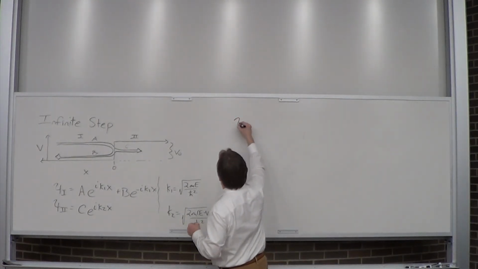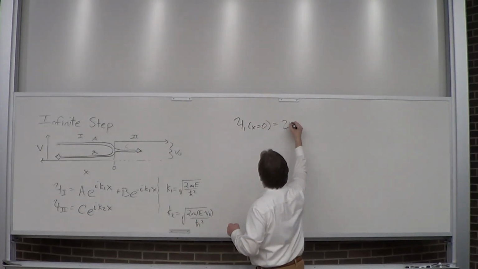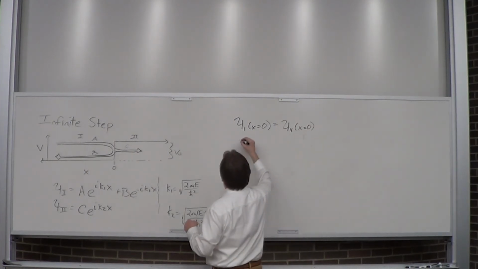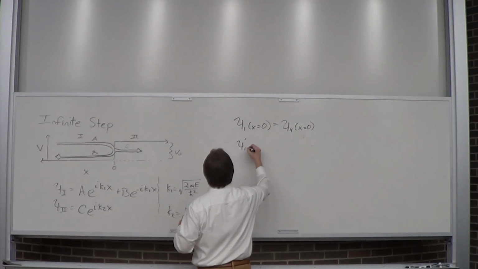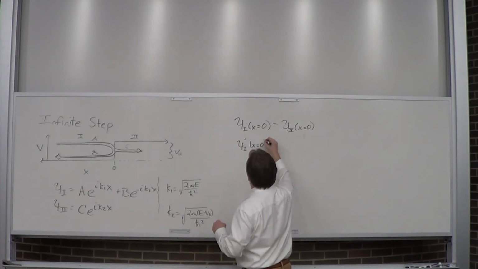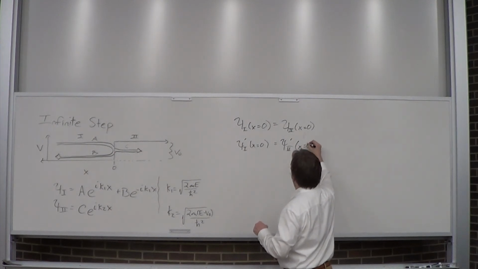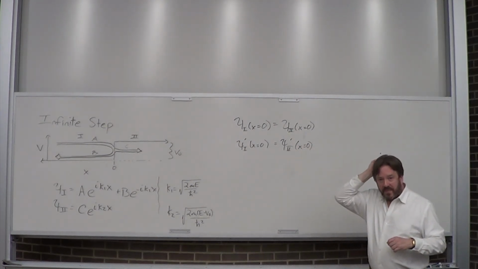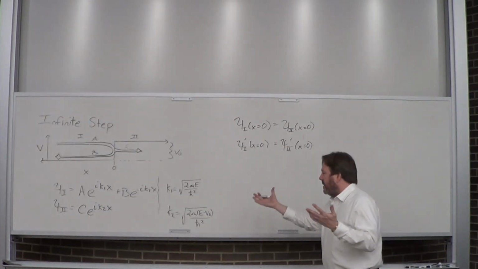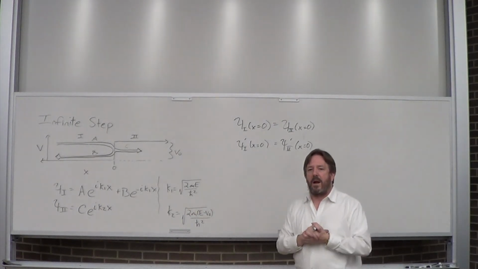We're going to have the wave function in region 1 equal to the wave function in region 2 at x equals 0, and of course we're going to have the derivative at x equals 0 equal to the derivative in region 2 at x equals 0 as well. Okay, from this, we're going to be able to define everything, right? All the A's, B's, and C's, and all the K's. That's what we're going to get out of this.